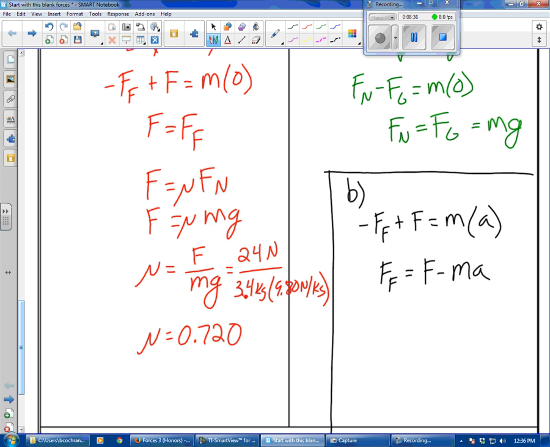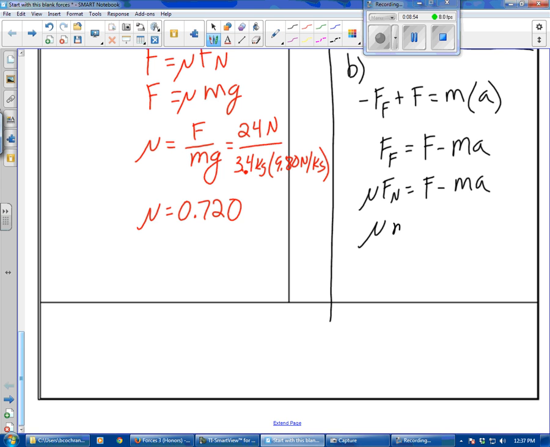So mu force normal equals F minus MA. So mu times mg equals F minus MA.